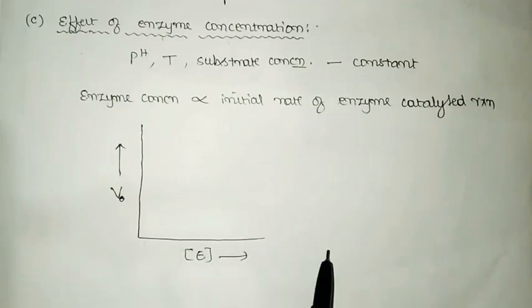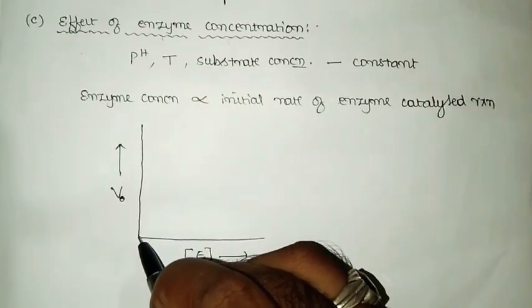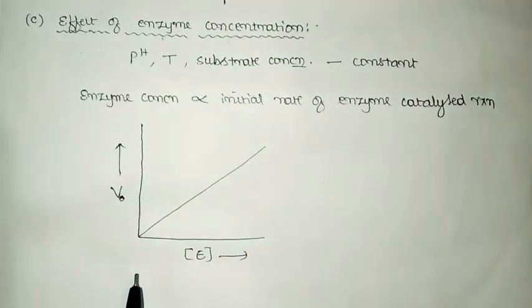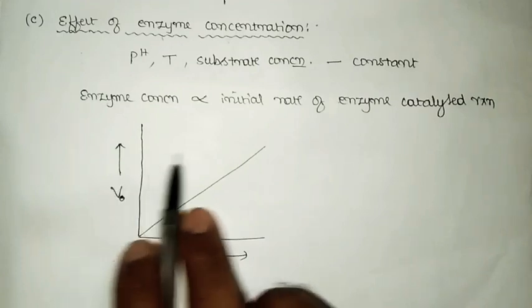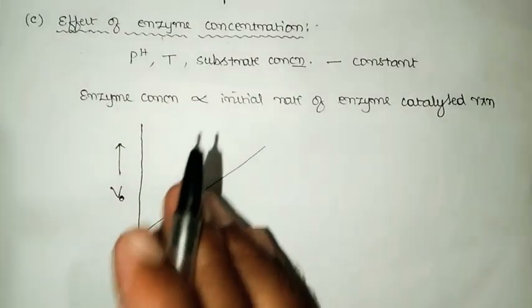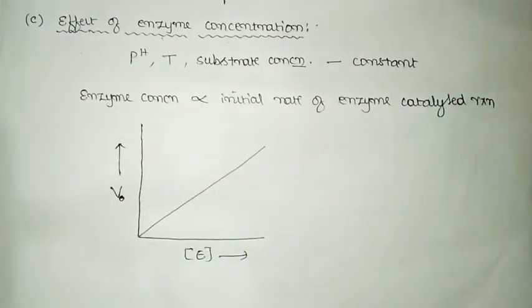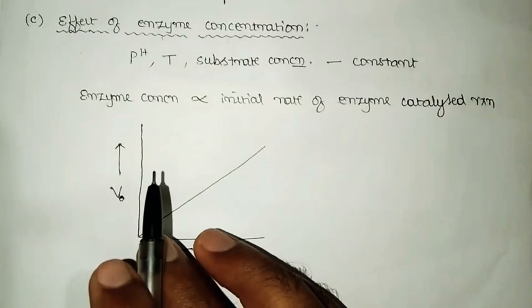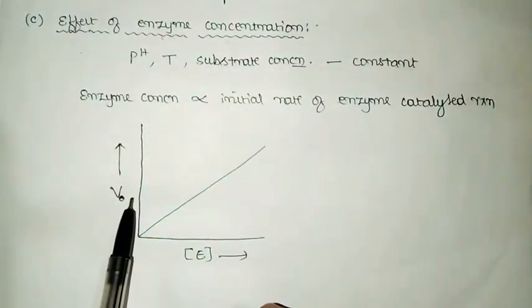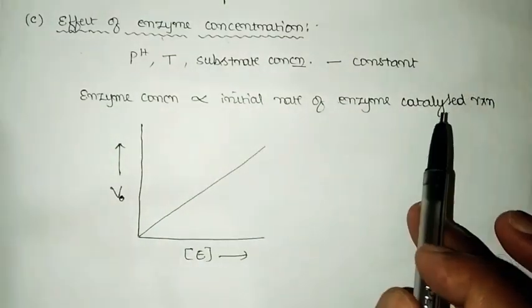With an increase in the concentration of enzyme, the initial velocity of the reaction will increase. But if you check the overall rate of the reaction, the actual rate as time proceeds, then the rate of that enzyme catalyzed reaction will decrease as the reaction proceeds.